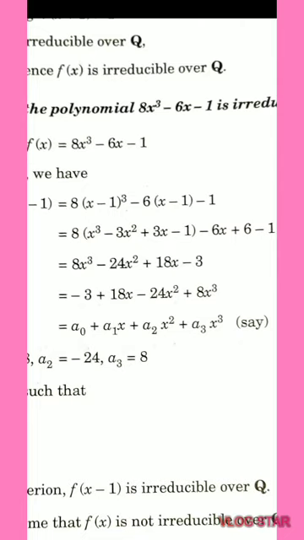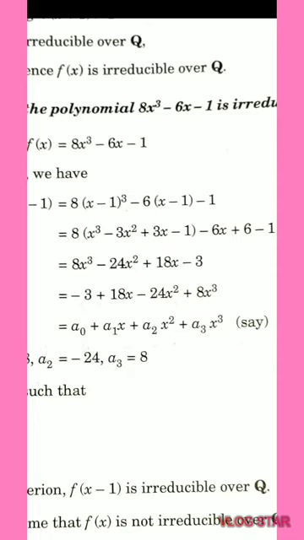Then compare it with a0 plus a1x plus a2x square plus a3x cube. Then a0 equal to minus 3, a1 equal to 18, a2 is equal to minus 24, and a3 is equal to 8.